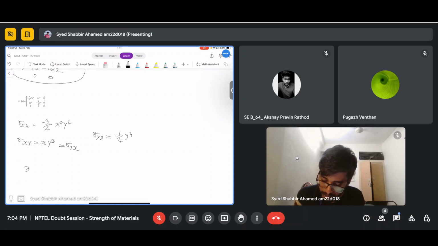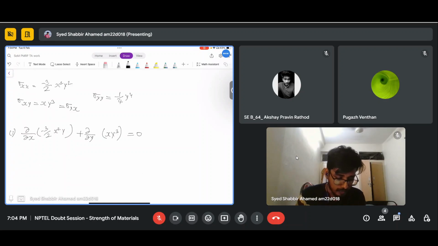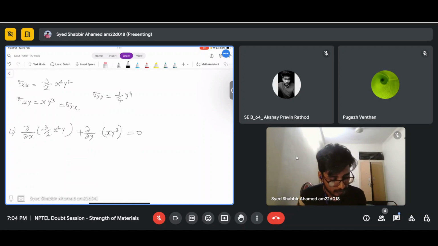So dou by dou x of minus 3 by 2 x square y square plus dou by dou y of x cube equals 0. So I'll get 3 by 2 into 2x, and plus 3 into x into y square.